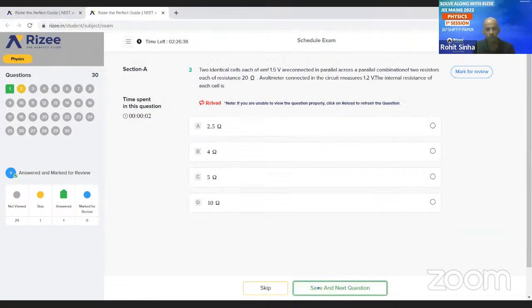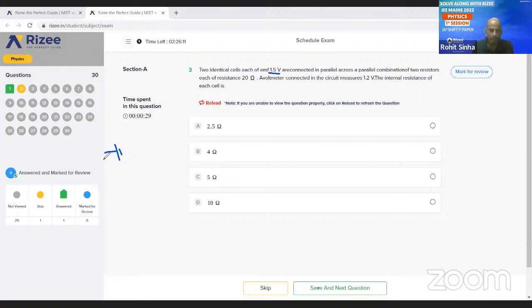Now try this question. I'm just explaining the question; you have to try it once. It is telling that two identical cells are connected in parallel. Let us draw according to the question.